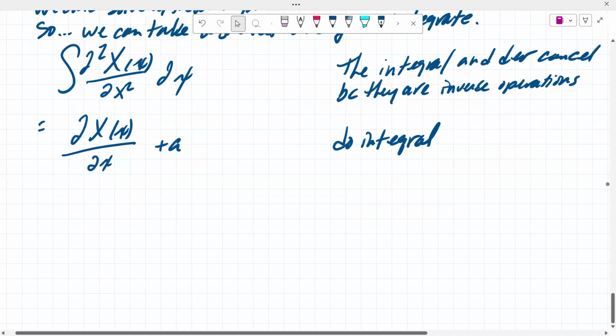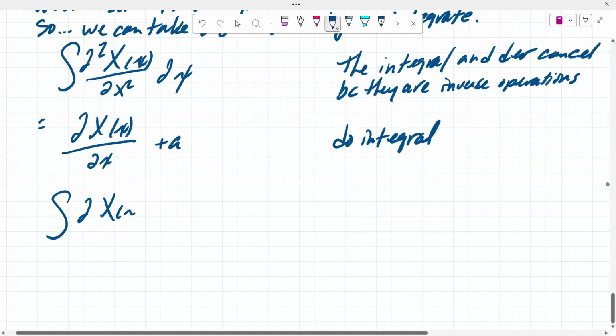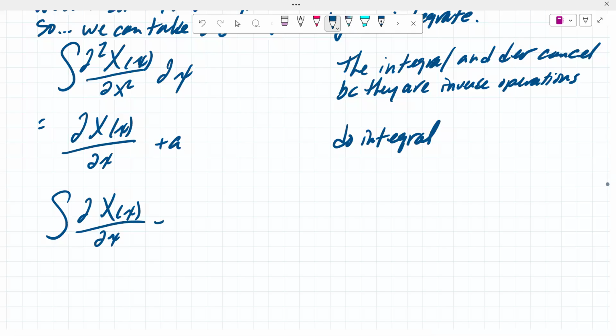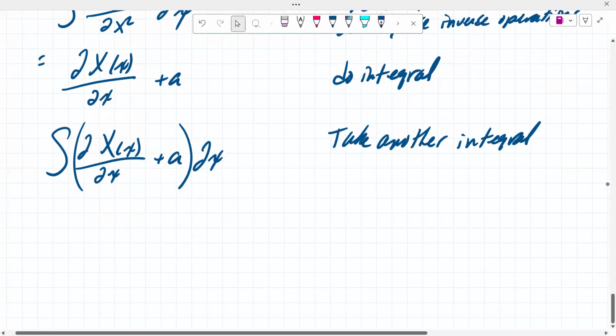That's what happened there. Now the next thing we're going to do is take another integral. dX of x over dx plus a. And remember, it works like this. You apply it over the whole thing. Right, so we're going to integrate again. Take another integral. And now we can distribute.